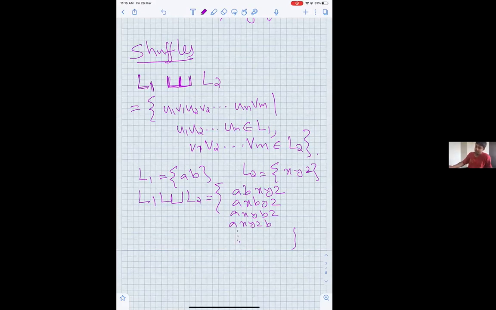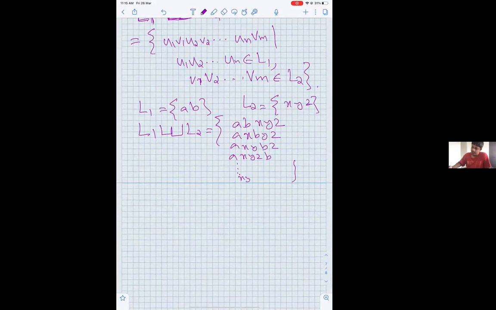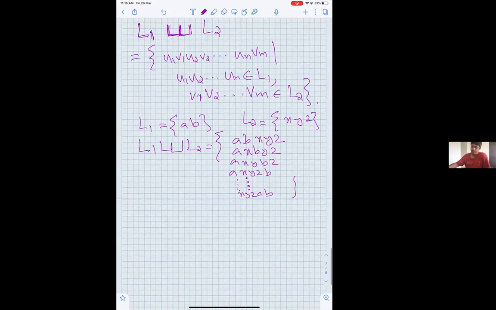So basically, we mix the words in L1 and L2, all the way up to X, Y, Z, A, B. Okay. So they need not be on different letters. They can be over the same letters. That's what is shuffle.